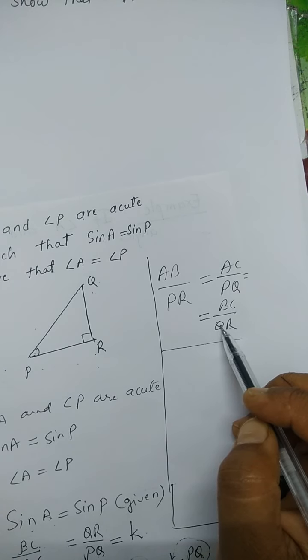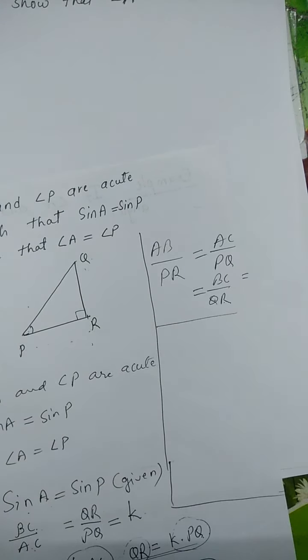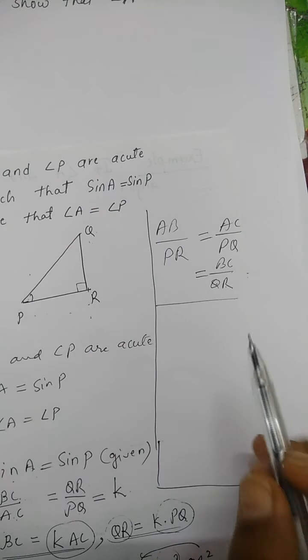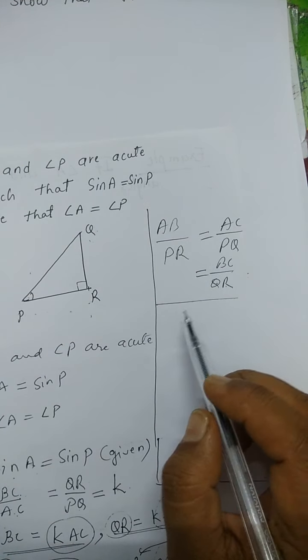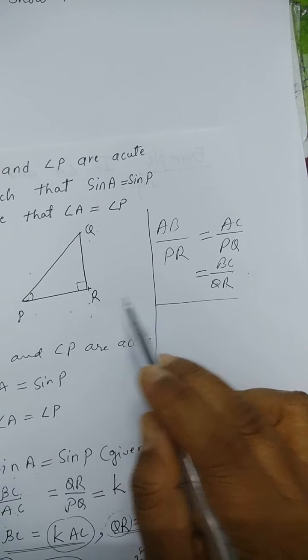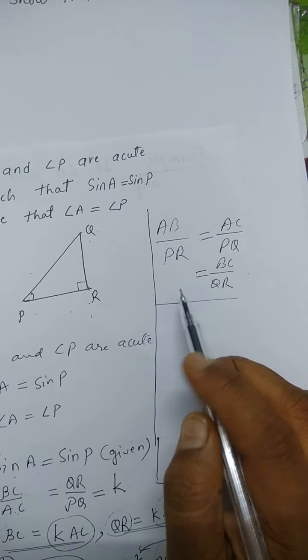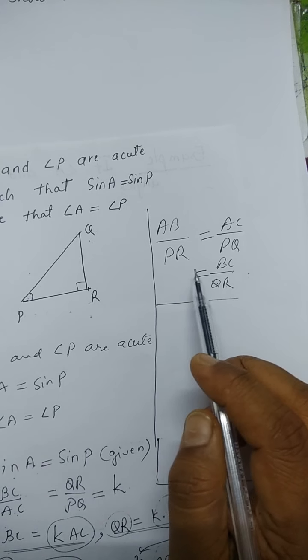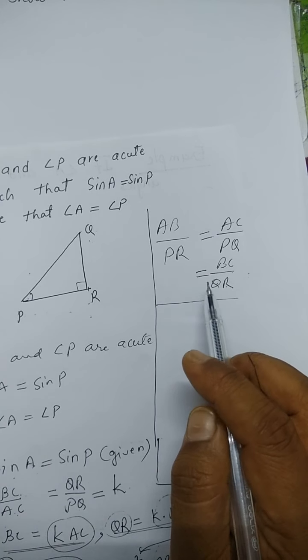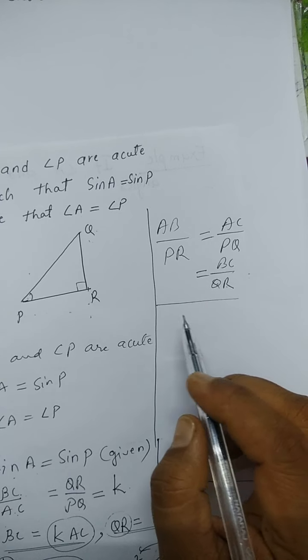So what is the condition for similarity of polygons? What is the condition for similarity of two polygons? Triangle is a polygon having three sides. So similarity conditions are their corresponding sides are in same ratio and angles are equal.